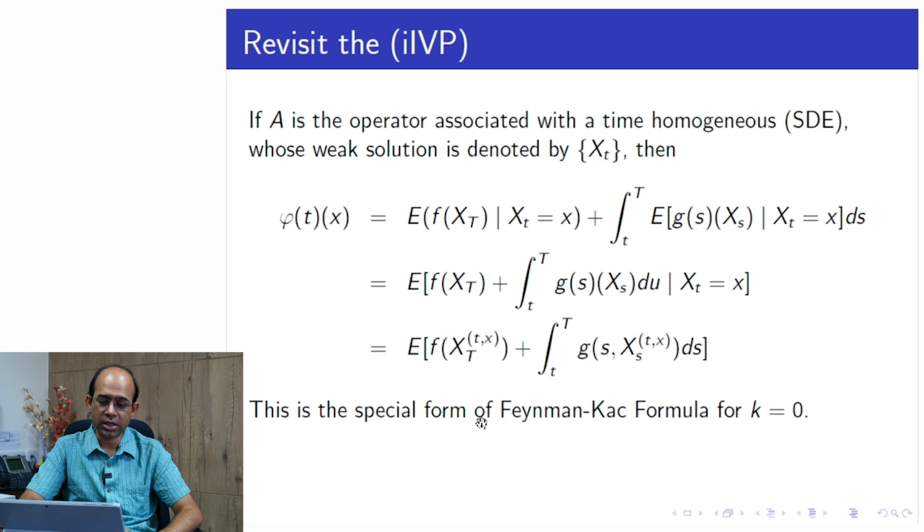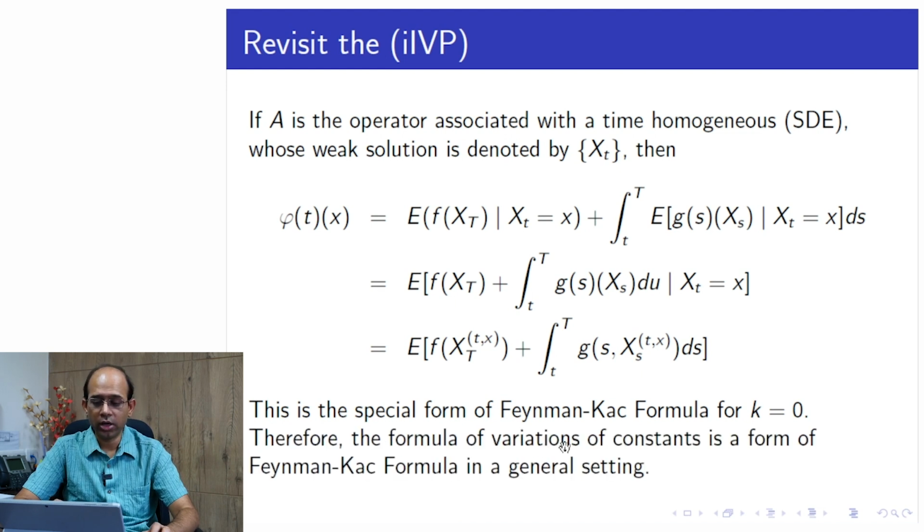So this is the special form of the Feynman-Kac formula for k is equal to 0. Okay. So therefore, the formula of variation of constants is a form of the Feynman-Kac formula in a general setting. Okay, so by this I end today's lecture. Thank you very much.